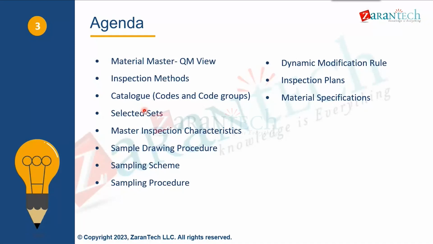Okay. So what is the difference between code groups and selected sets? One very important point to remember: code group is at client level and selected set at plant level.